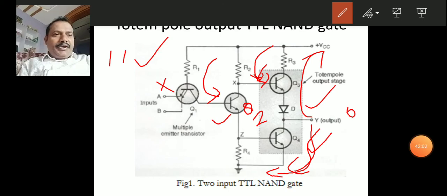Another important point you have to remember is, in both the conditions, for output logic 0 or output logic 1, either Q3 is on and Q4 off, or Q4 is on and Q3 off. That means one of the transistors is always in conduction, the other is off.